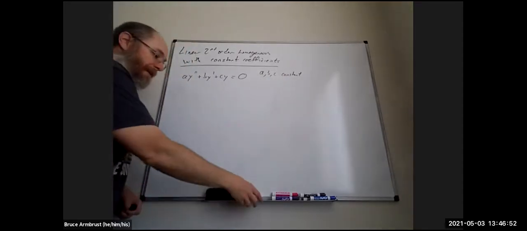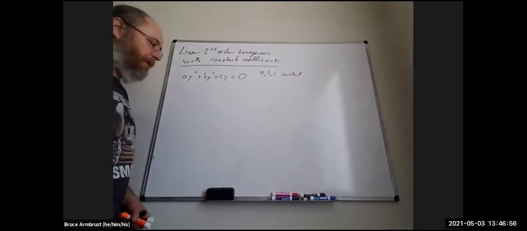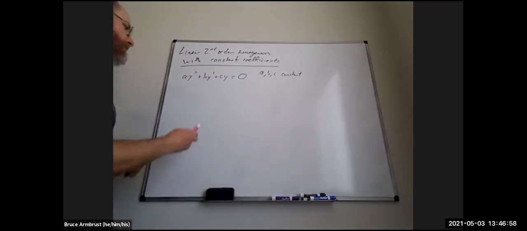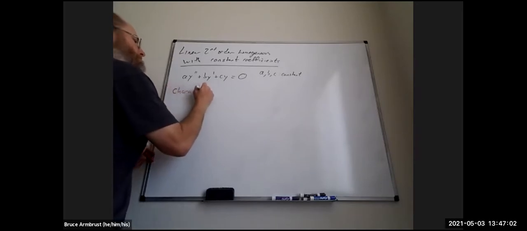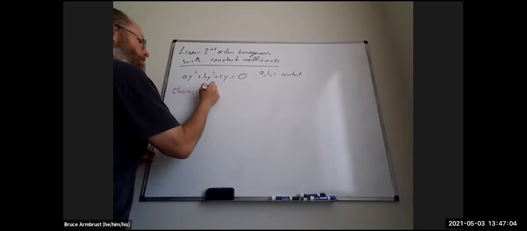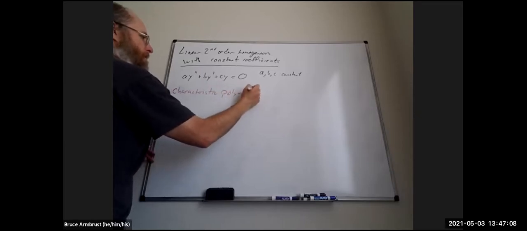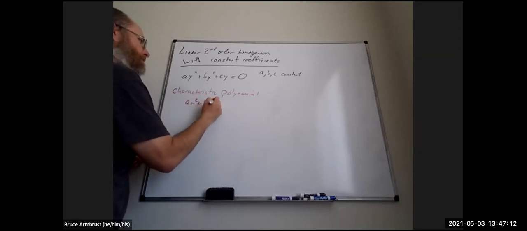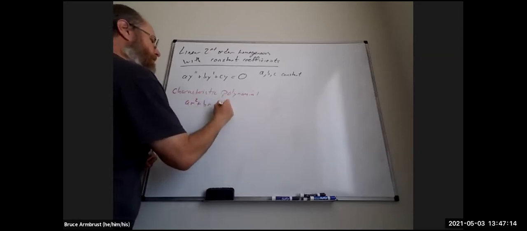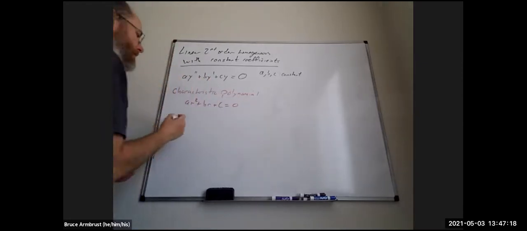So what we did, the process for these, at least what we learned last time, is that you just create what we call the characteristic polynomial, which is going to be ar squared plus br plus c equal to 0.